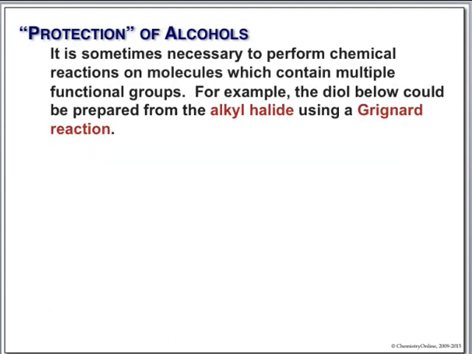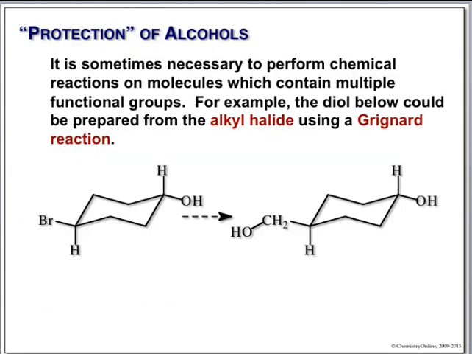These are protecting groups for alcohols. Again, if we wanted to take a compound like this and convert the alkyl bromide here into a primary alcohol, we could not do this with a Grignard reaction because the Grignard reagent would react with the OH on this end of the ring.